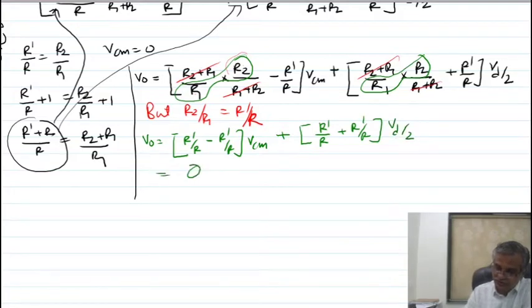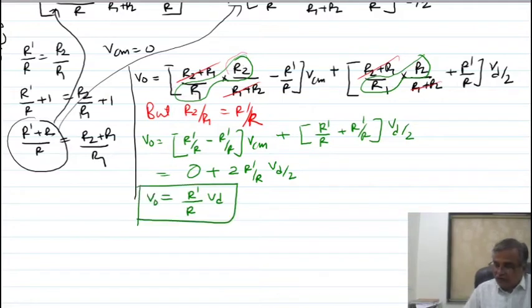So this is 0 plus 2R dash by R into Vd by 2. So I can write R dash by R into Vd, or this equation can be written as R2 by R1 into Vd also.